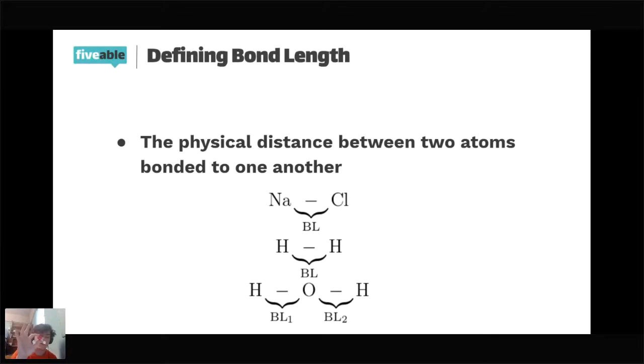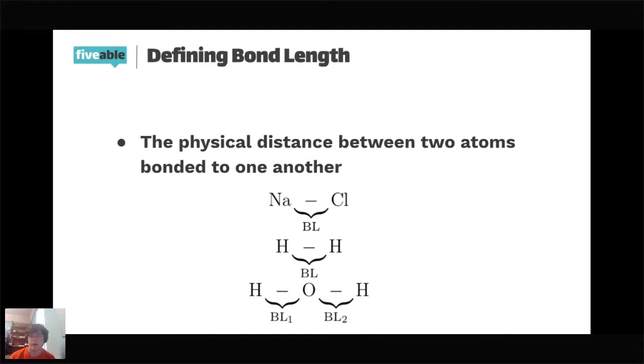So, for example, here I love that I get to play with my model kit today. Here's water, right? Oxygen, hydrogen, hydrogen. And there's a physical separation between the oxygen and the hydrogen. And this is called the bond length. Same goes for a molecule like this. I think this is 1,2-ethene diol. This has all sorts of different bond lengths. On the model kit, it shows the bond lengths all being the same just for convenience, so they don't have to make a bonding toy for each thing.